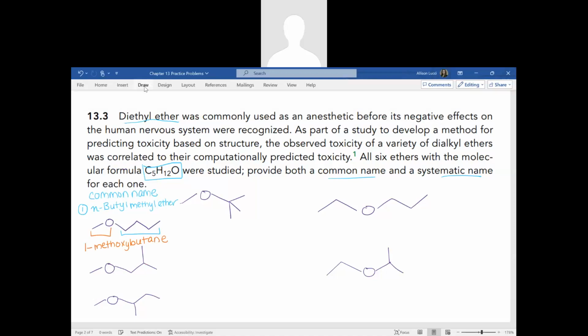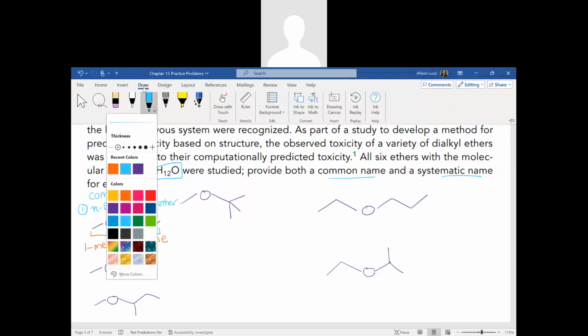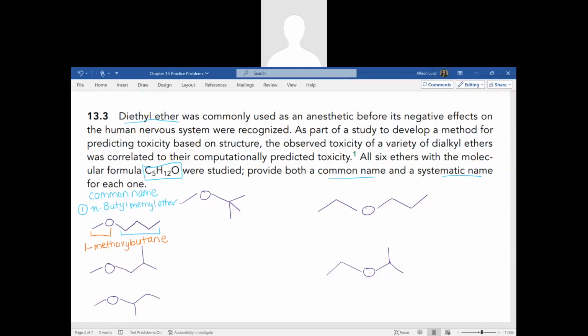So let's take a look at this next structure here, and the common name we would say would be, for this part here, we would call it isobutyl. And then this portion here would be methyl ether.